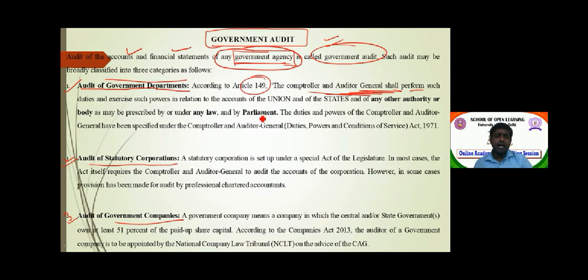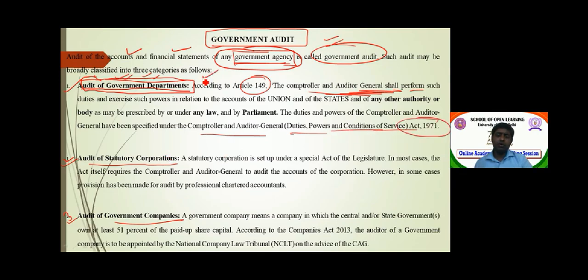And not only that, the Comptroller and Auditor General is responsible for making the audit of the government department, government accounts and financial statements as per the powers vested upon him with respect to the Comptroller and Auditor General's Duties, Powers and Conditions of Service Act 1971.